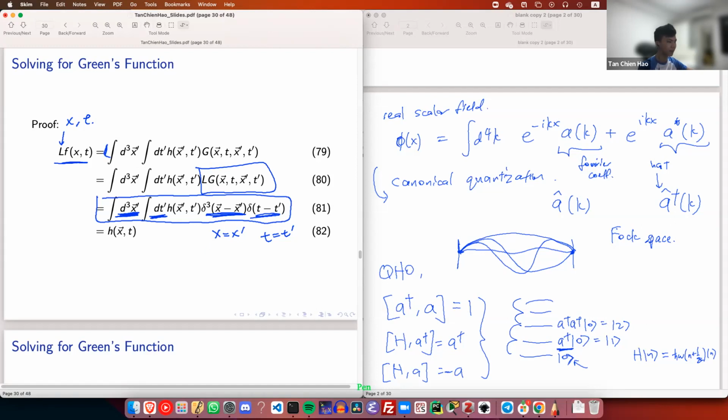Dirac delta functions, or not functions, Dirac deltas, are actually distributions in mathematics. They basically help you eliminate an integral. So you see that h of x prime and t prime just becomes h of x and t.